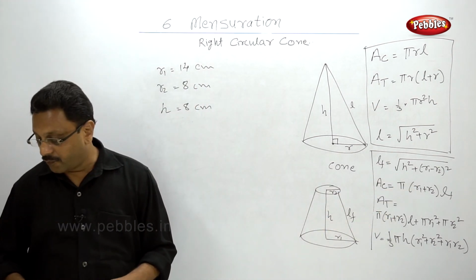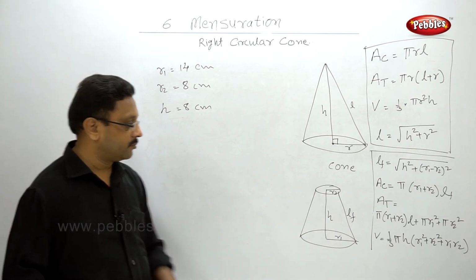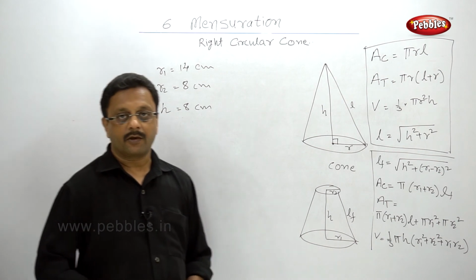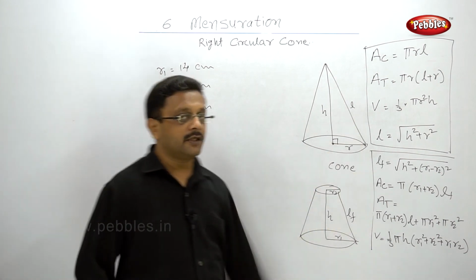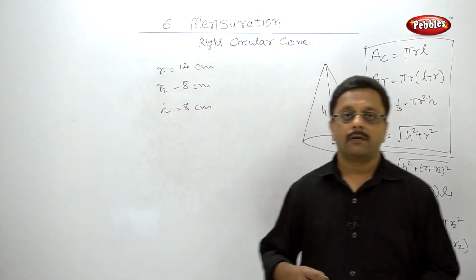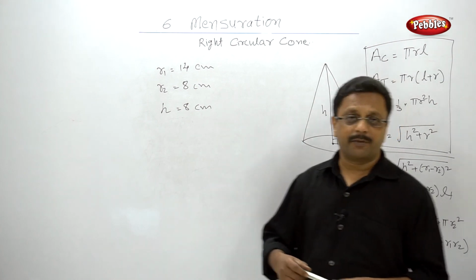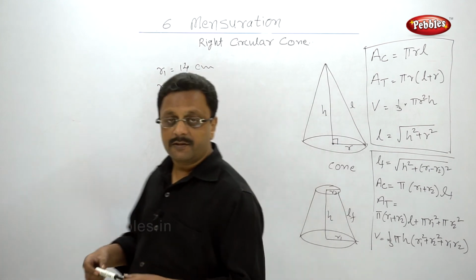And then you have to find the volume of the frustum. That means they have asked everything. Okay? So you have to make use of all these formulas and find the answer. Very simple example, direct substitution of formulas.